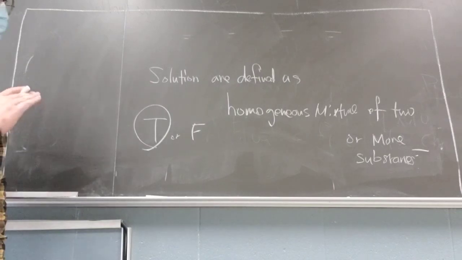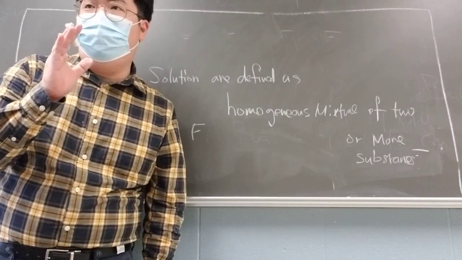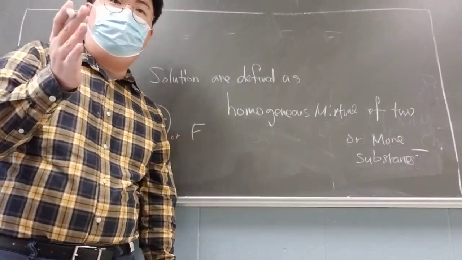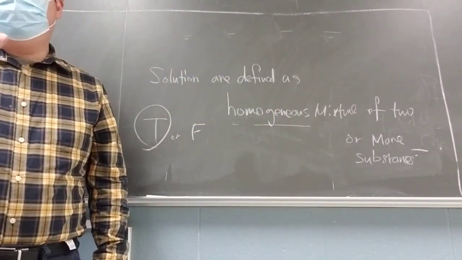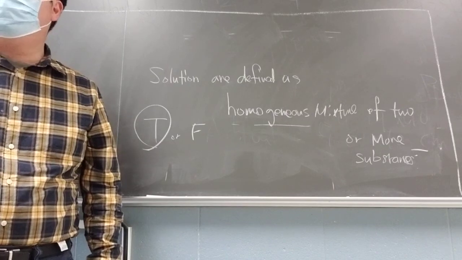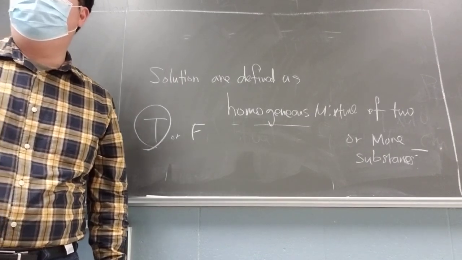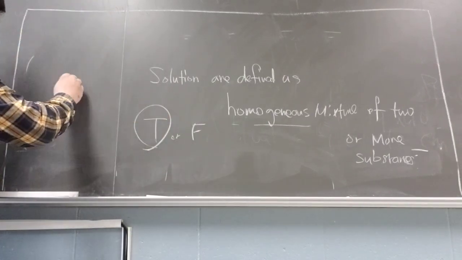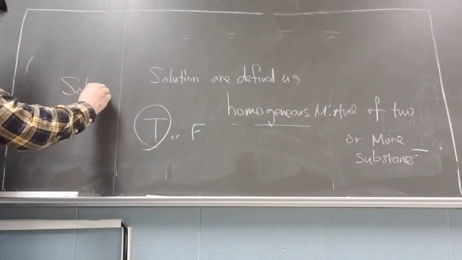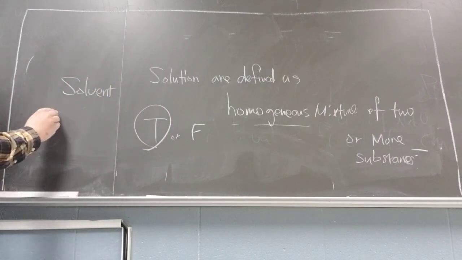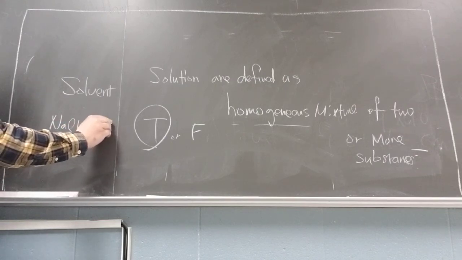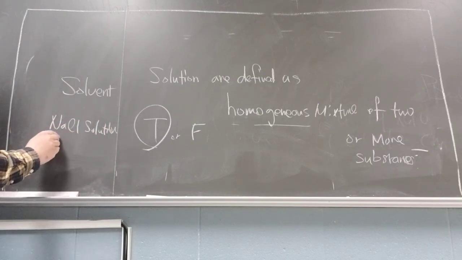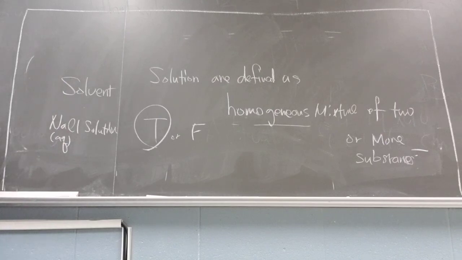Solution. So there's one more thing here. So whenever you have more than two or even three or four substance mixture, homogeneous mixture, if you have one that is abundant over the others, that is called what? Solvent. Okay. So let's say you have a sodium chloride solution, and you're gonna put aq, meaning aqueous.